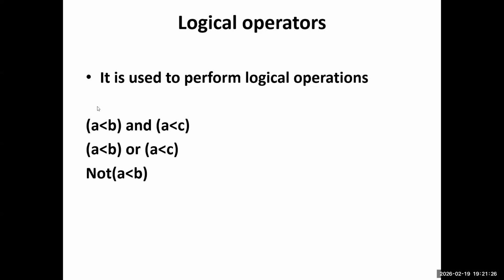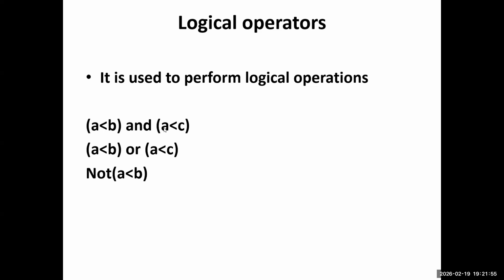So for example, A equal to 10, B equal to 15, C equal to 5. Assume that. A is 10, less than B which is 15. This condition is true.